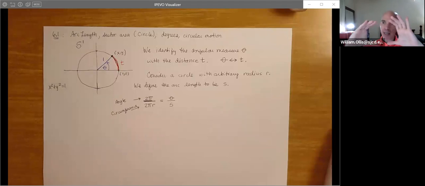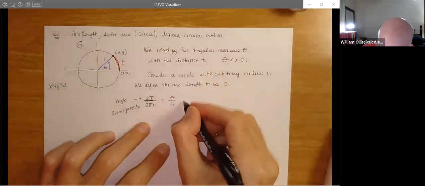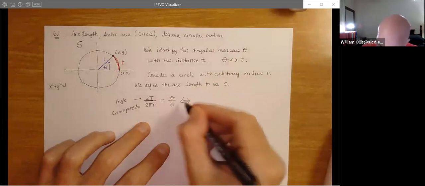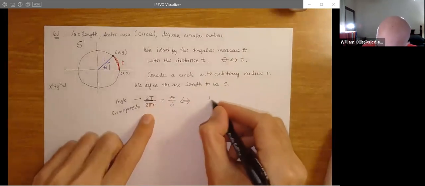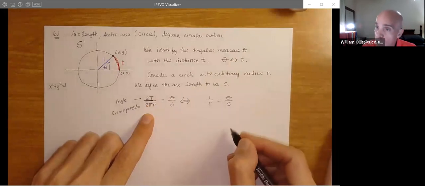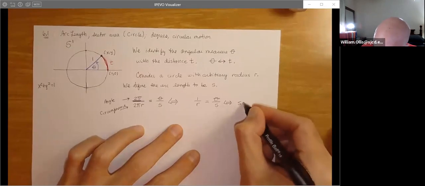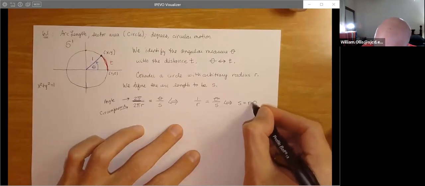We're taking it and making it uniformly larger or uniformly smaller, maintaining this particular ratio. So now what we can see, and you're thinking, well, this is so simple. The two thetas will absorb, and we get 1 over r equals theta over s. And now we can just cross multiply. So s will equal r theta.